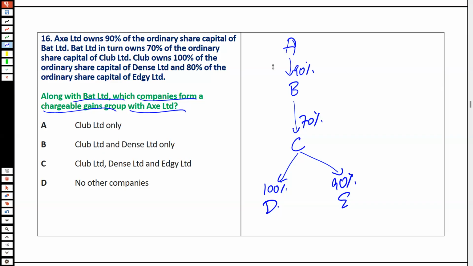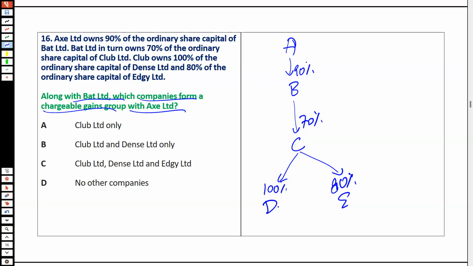Along with B, which company creates a chargeable gain group? Thank you, Kaval. 80%. Thank you. Yes, anyone, any feedback? Aisha, Kaval, Sean, Umair, the group structure is very clearly in front of you.